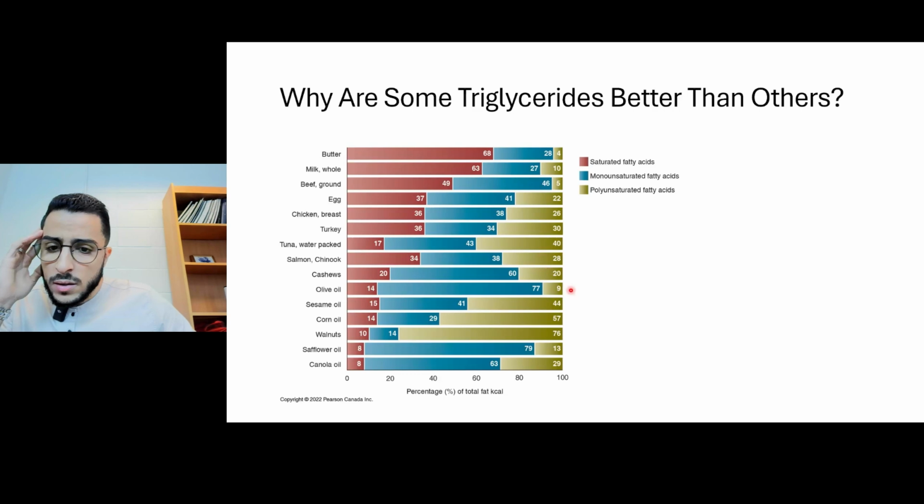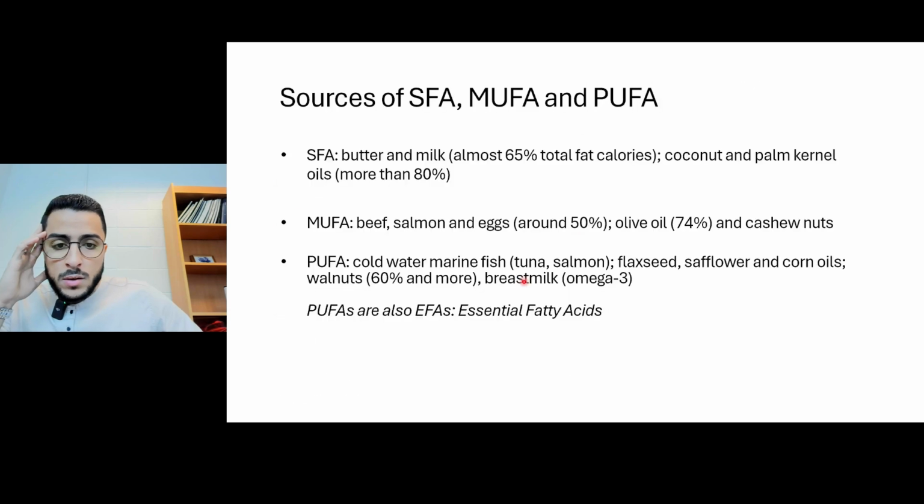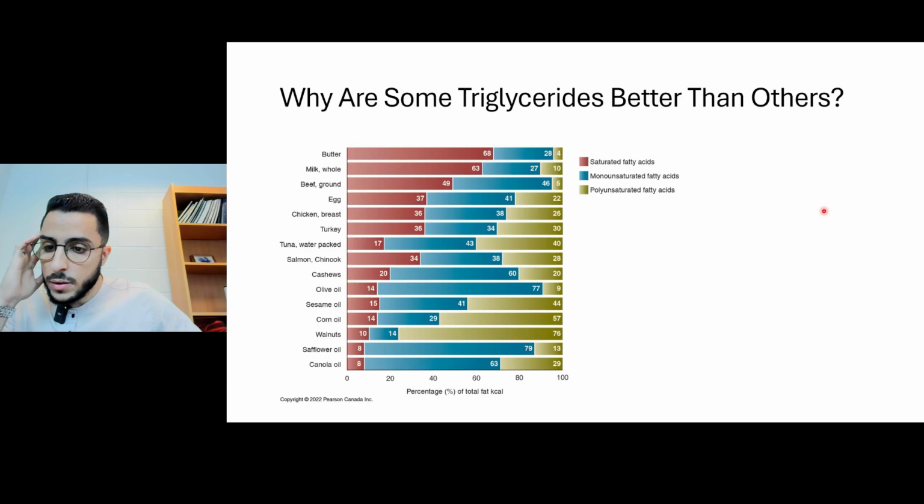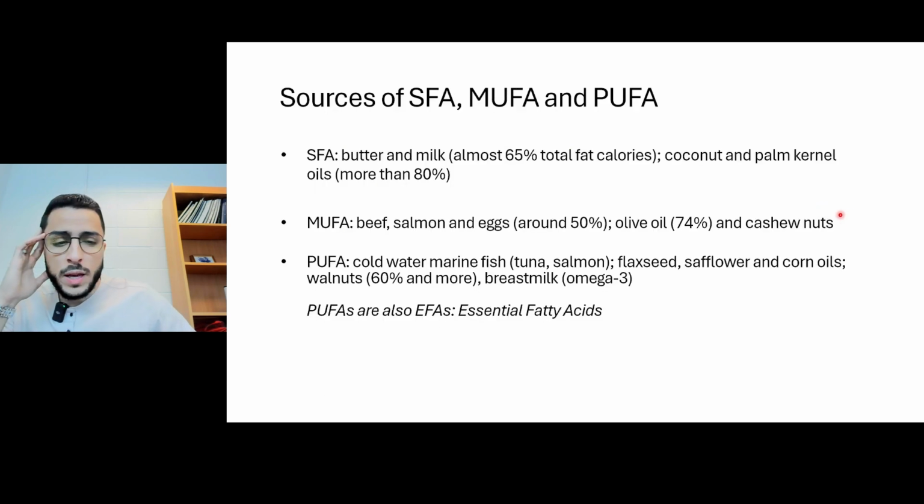Cashew nuts, I think I forgot to put the 60% in the slide. So cashew nuts 60%, olive oil 74%, and then beef, salmon, and eggs 50%.